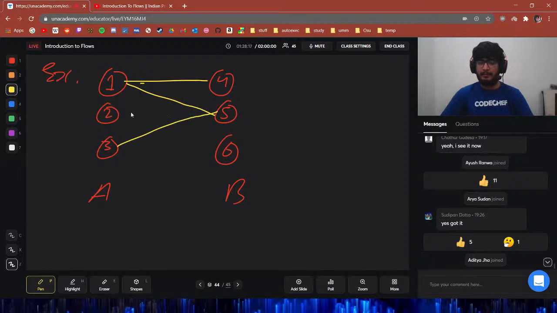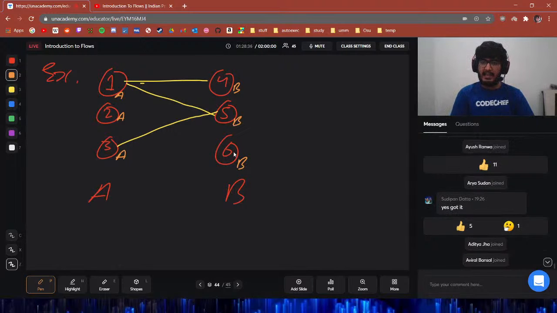These are the friendships here. So what is going to happen here, let's say nobody switches to the different candidate. 1 votes for A, 2 votes for A, 3 votes for A, 4 votes for B, 5 votes for B, and 6 votes for B. So in this case, the number of penalties is going to be 3.